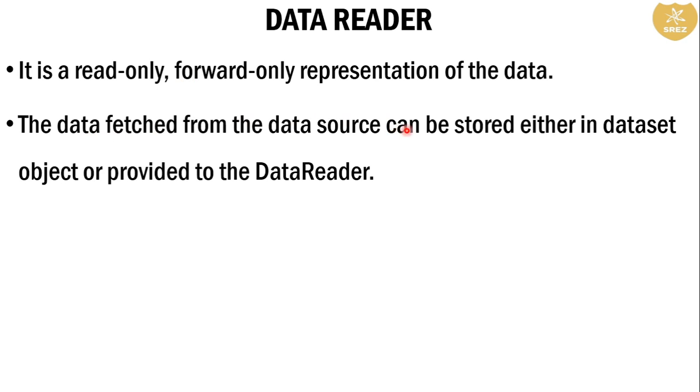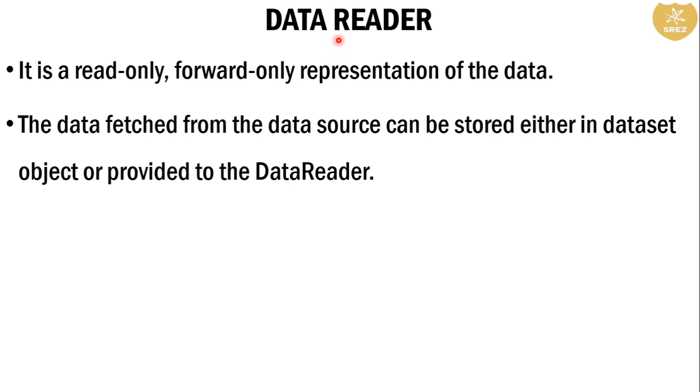Data fetched from the data source can be stored either in the dataset object or provided to the data reader. We have seen in the architecture video, there are two parts: data provider and the data set. Data reader is part of the data provider, meaning the left side.